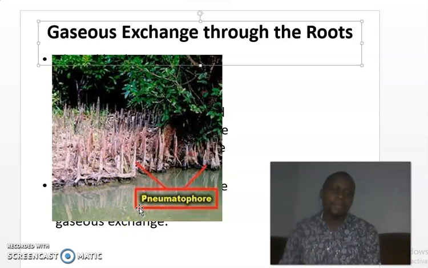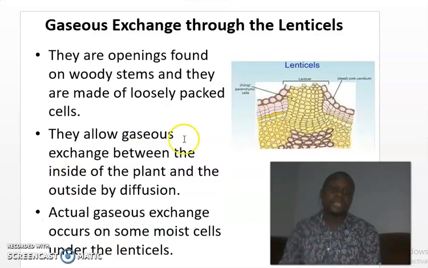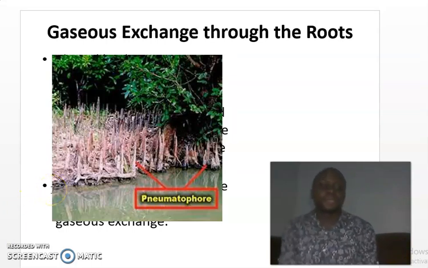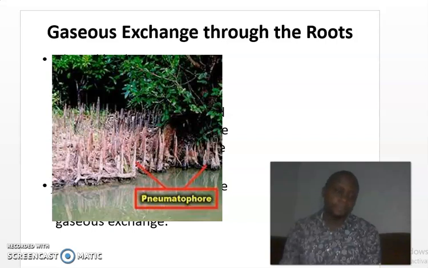Okay? How do they facilitate gaseous exchange? They also contain these structures called lenticels, and the mechanism of gaseous exchange in the pneumatophores is the same as the one in lenticels. Okay, so how is it occurring?